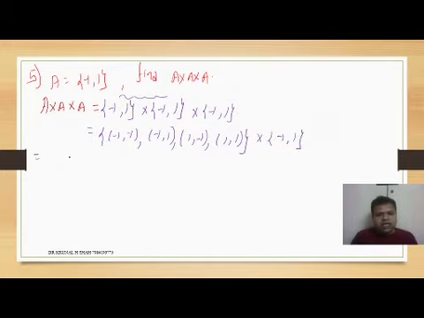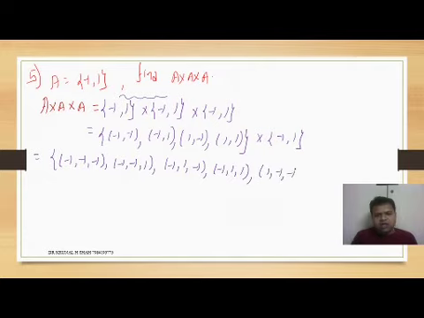So once again, let's start with this. (-1, -1, -1), (-1, -1, 1), (-1, 1, -1), (-1, 1, 1), (1, -1, -1), (1, -1, 1), and the last one, (1, 1, -1), (1, 1, 1).